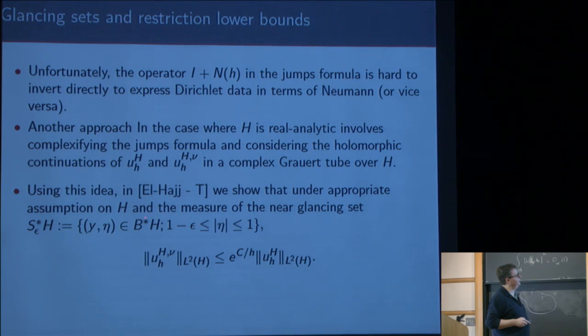With my former student, we show that under appropriate curvature assumptions, H is now a real analytic curve. I'm going to assume that H is positively curved. There's some other defect measure assumption which will be satisfied in the QE case. But what we can show is that for such cases, you can relate the Neumann data to the Dirichlet data.